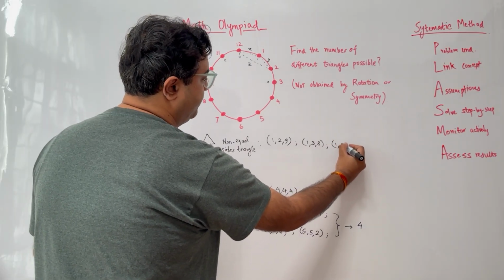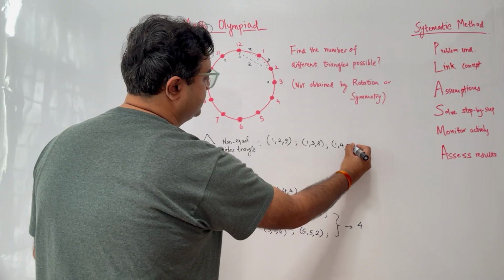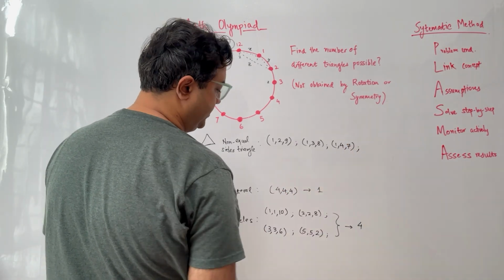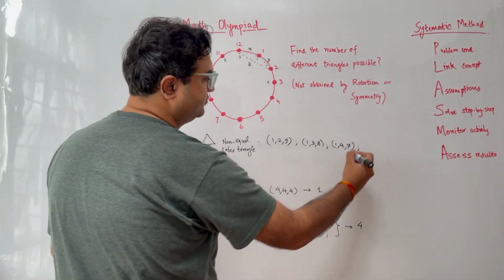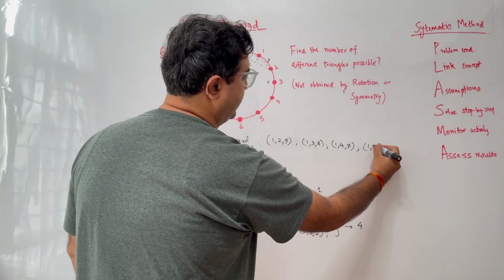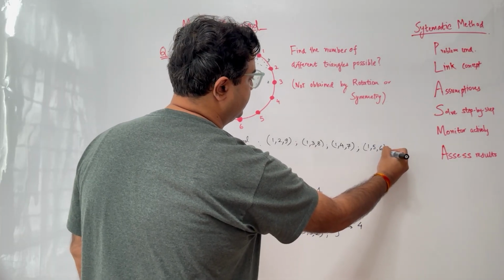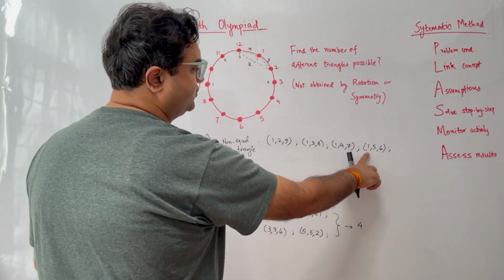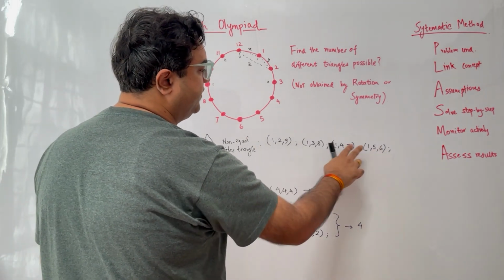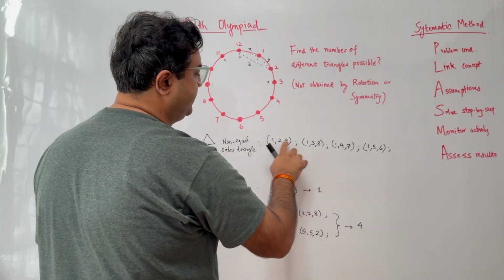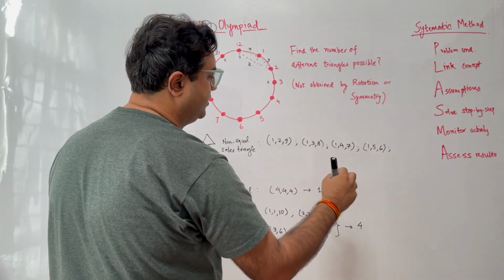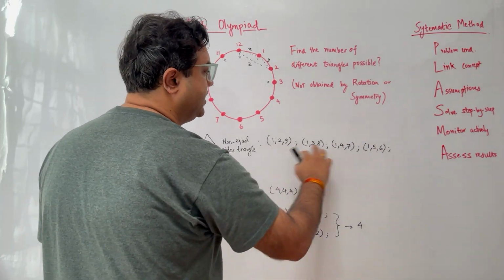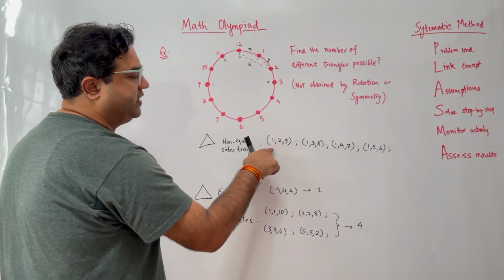When x is 1, y is 4, then this will become 7, another combination. When x is 1, y is 5, then 6 is another combination. When x is 1, y is 6, then this will become 5; 1, 7, 4; 1, 8, 3; 1, 9, 2; and 1, 10, 1 is already counted here. Okay. So 4 combinations here when x length is 1.